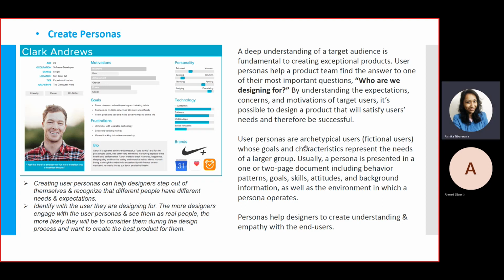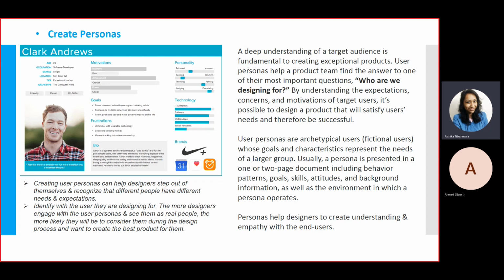That's it. So user personas are archetypical users. They are fictional users, and the goals and characteristics represent the needs of a larger group. So we are keeping the information that we have gathered in mind and creating this persona.